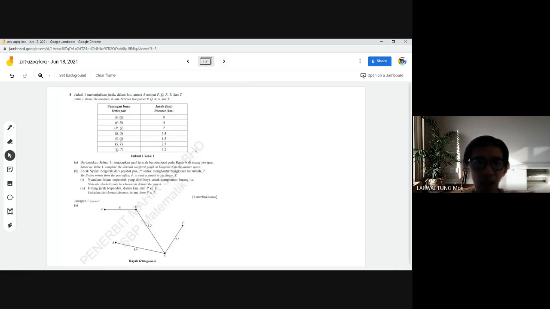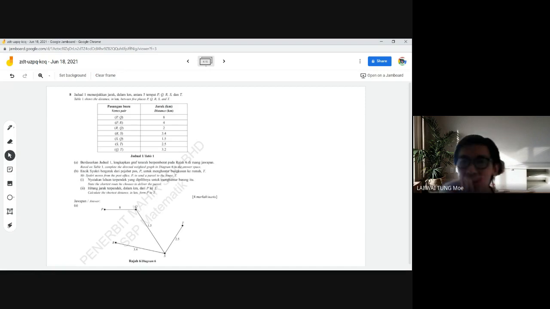Okay, let's move to the 4th question. Okay, many people got this one wrong. I mean for question A. Your mistake is you didn't draw the arrow, because this is a directed graph.